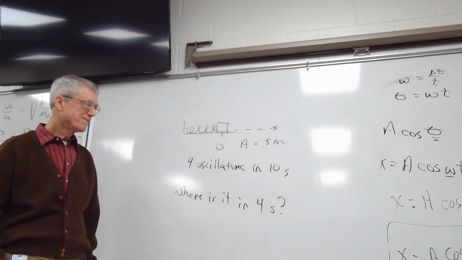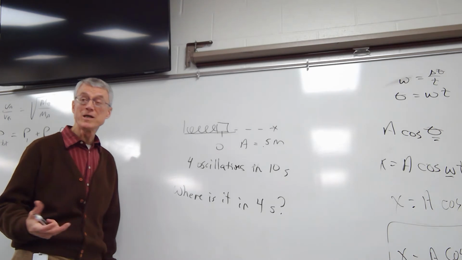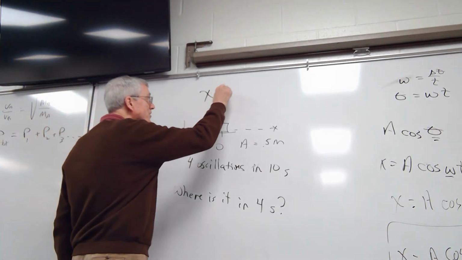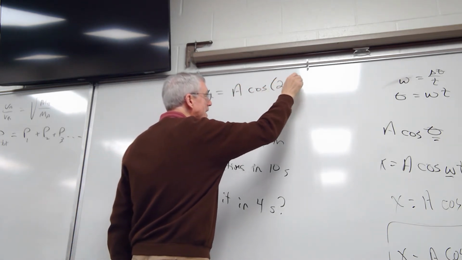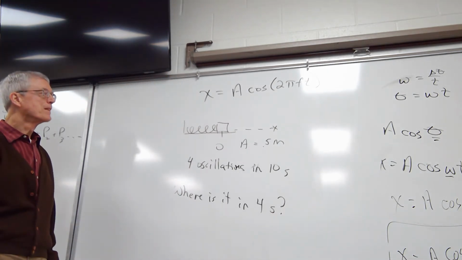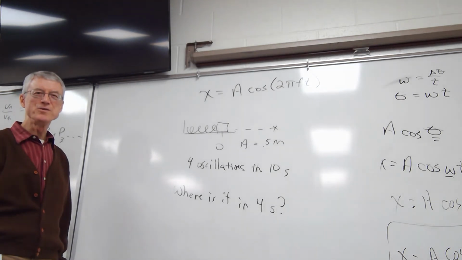Well, you might just try to think about it and figure it out, and you can get a pretty good answer sometimes that way. But what I want you to do is use this: x equals A cosine 2 pi f t, and solve it for x.